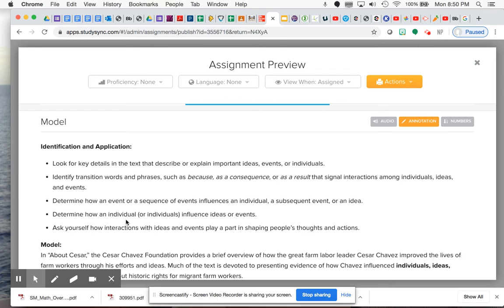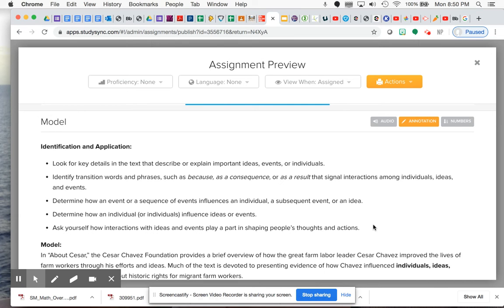Determine how an individual or individuals influence ideas or events. Again, how did Cesar Chavez influence people to want to change and reform farm workers' rights? And ask yourself how interactions with ideas and events play a part in shaping people's thoughts and actions.